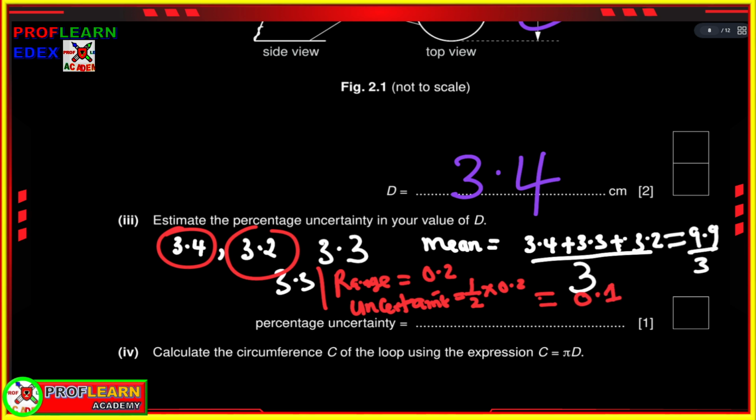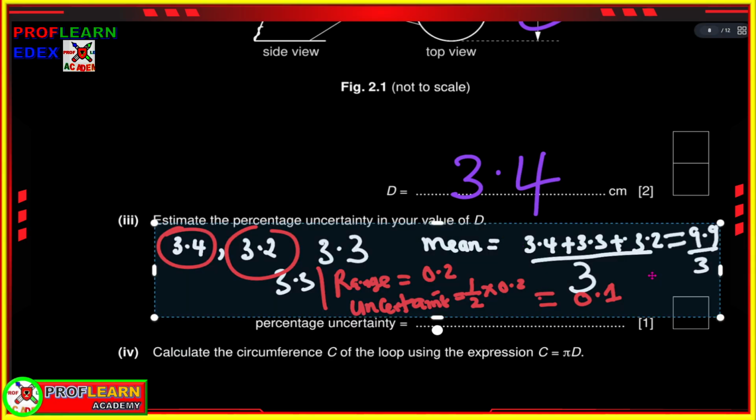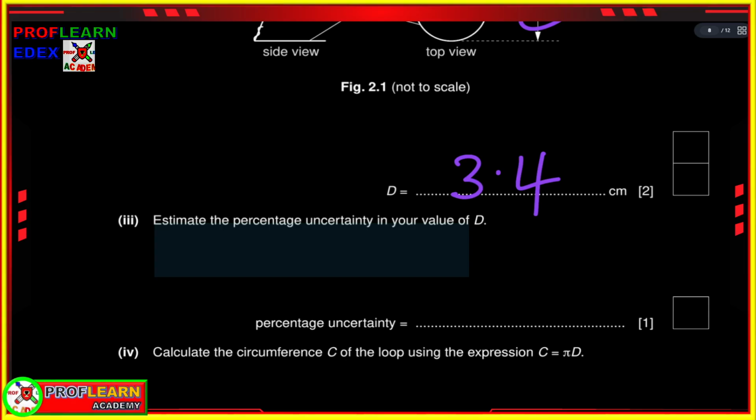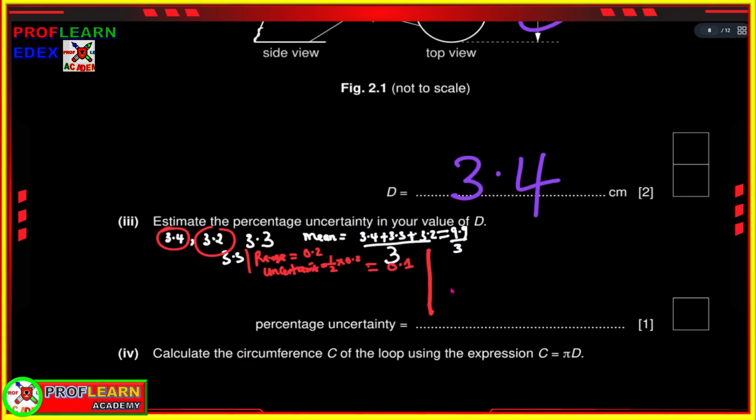Now, to work out the percentage uncertainty that we were supposed to work out here, let me use U for uncertainty. The percentage uncertainty is going to be uncertainty over the mean times 100.